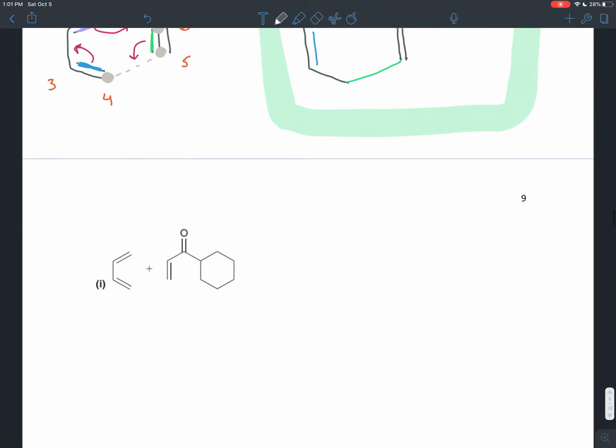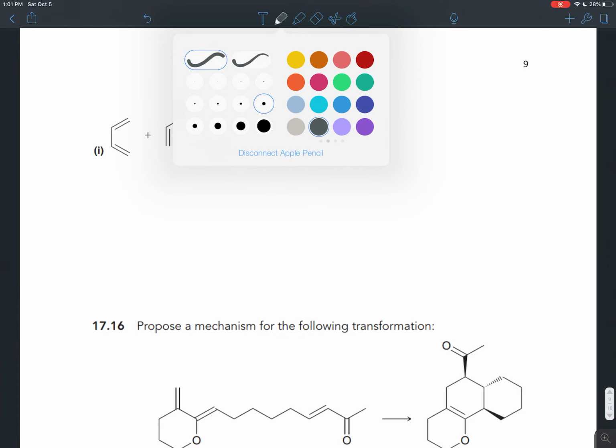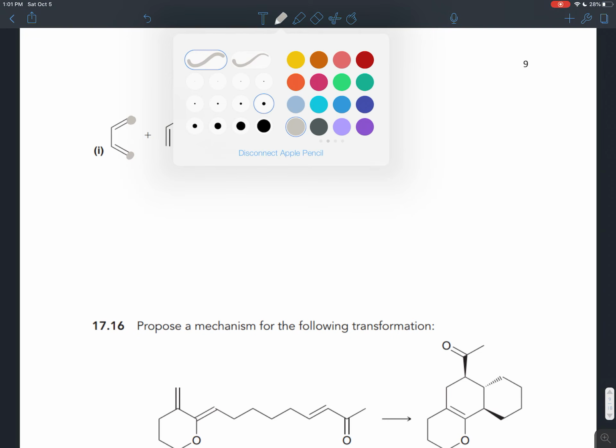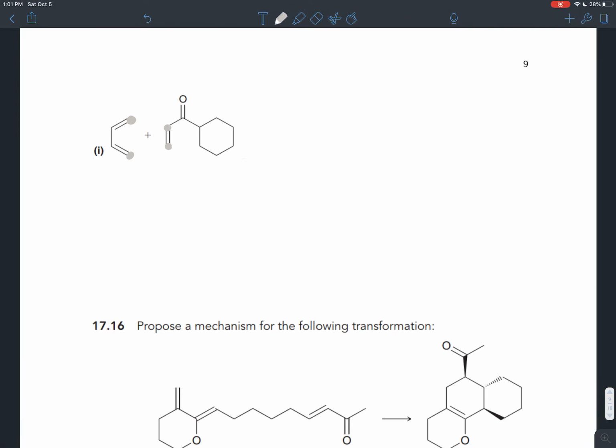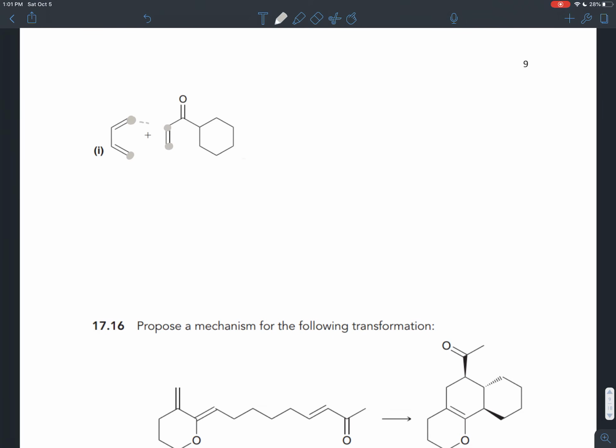Last but not least, for 1714, we'll take our two pieces, and they were nicely lined up here, so we can just draw the dots at the end of the conjugated diene, and the dots at the end of the carbon-to-carbon pi bond in the dienophile, and we'll draw dotted lines in between those.